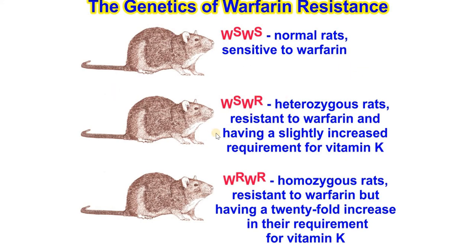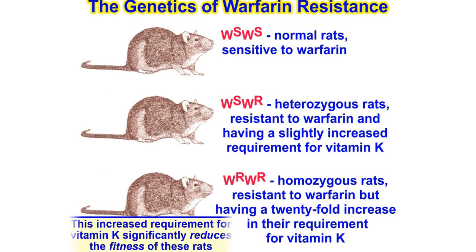So it's the heterozygous rats that will survive, reproduce, and pass on these advantageous alleles, both S and R, to the next generation. And the allele frequencies for S and R will both remain high in the population. So that's rats.